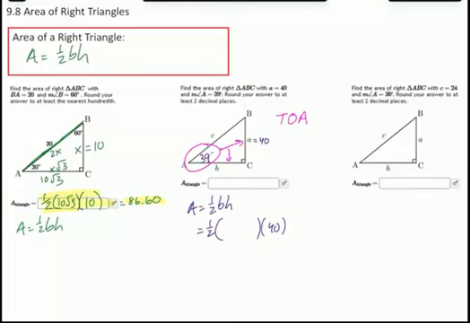TOA. And so you know that the tangent of 39 degrees is equal to opposite 40 over adjacent B. Multiply both sides by B. To solve for our B value, we now divide by tangent of 39. And so here is our B value, 40 over the tangent of 39.